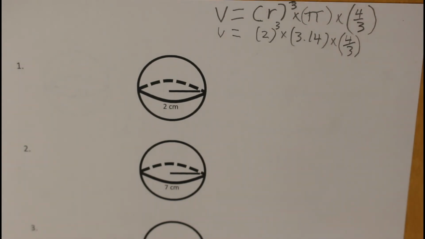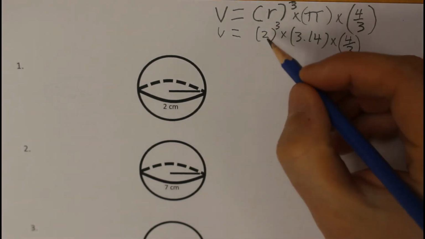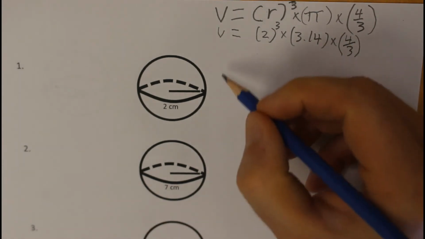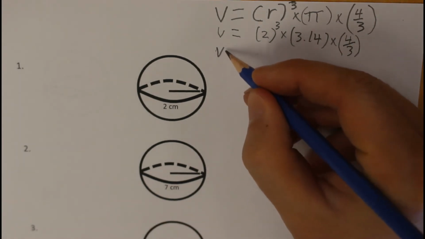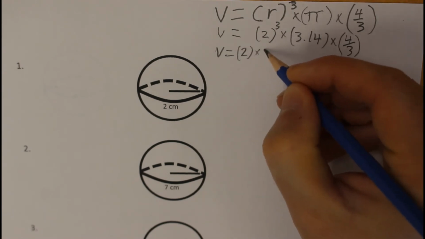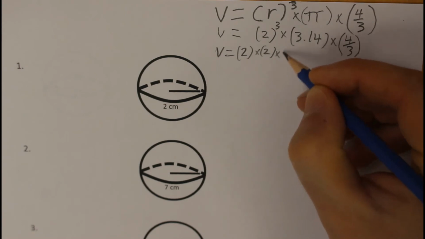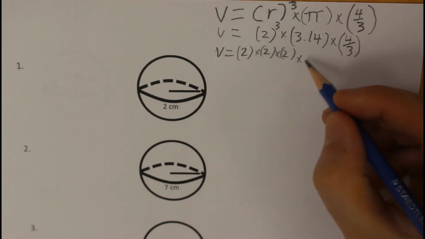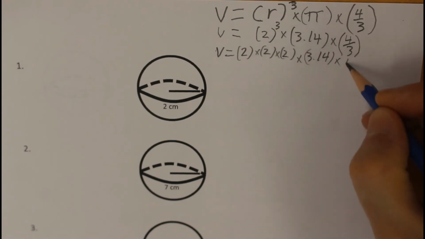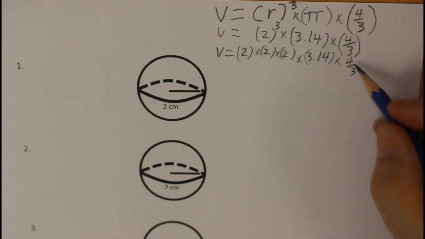It just helps me keep organized. All right, so remember, this isn't 2 times 3. This is 2 times 2 times 2. So I'm just going to write that out. Volume equals 2 times 2 times 2 and all the rest times 3.14 times 4 over 3.